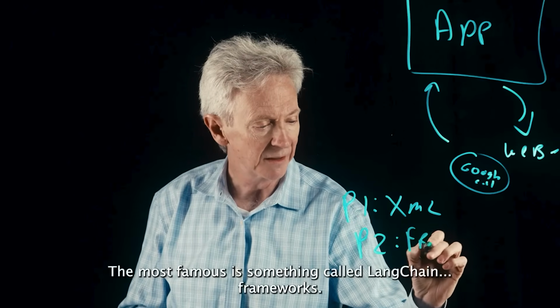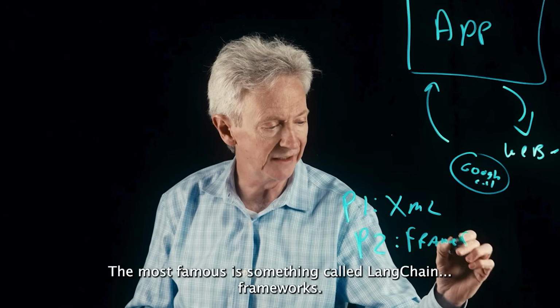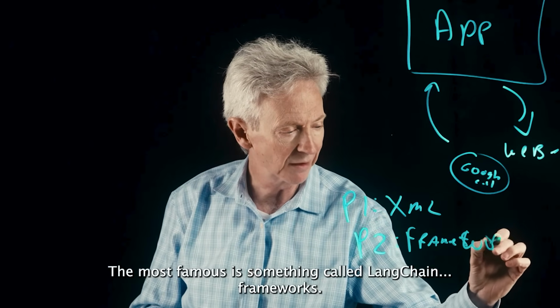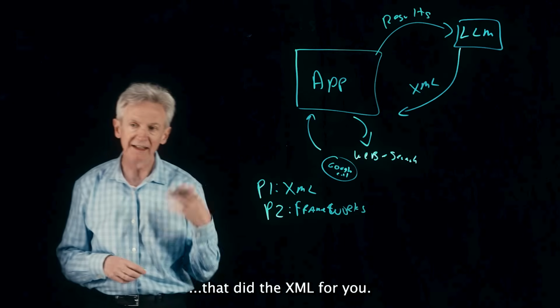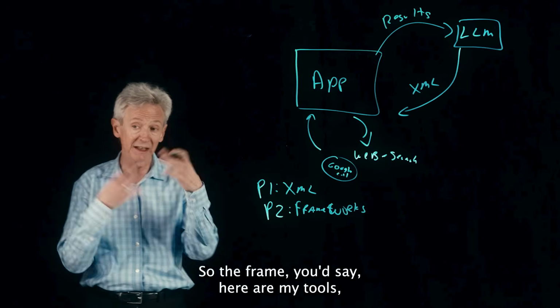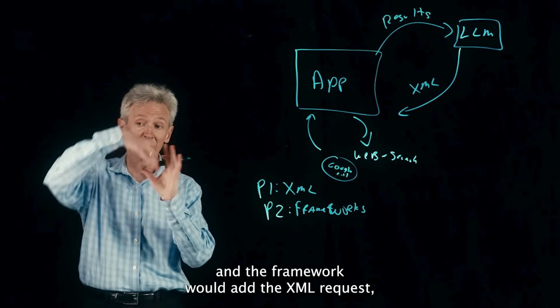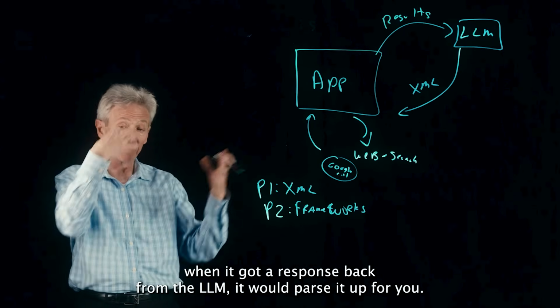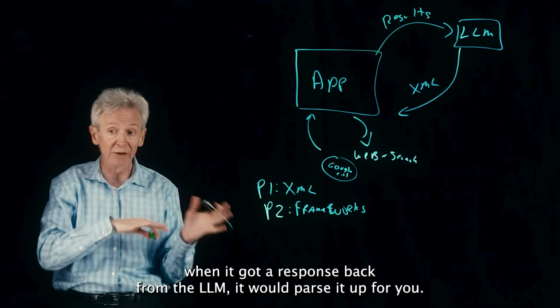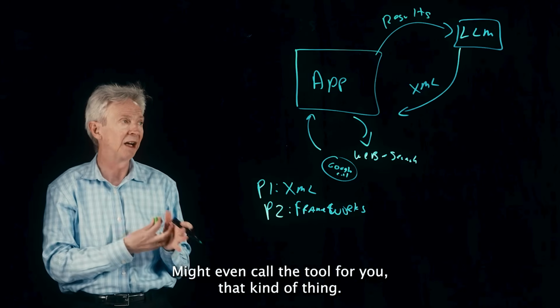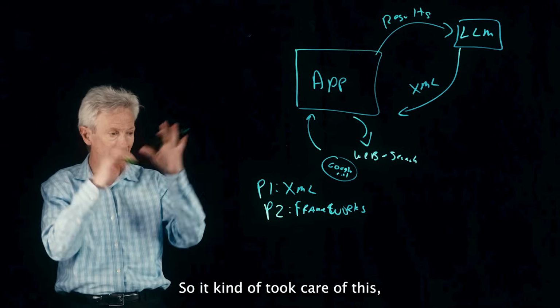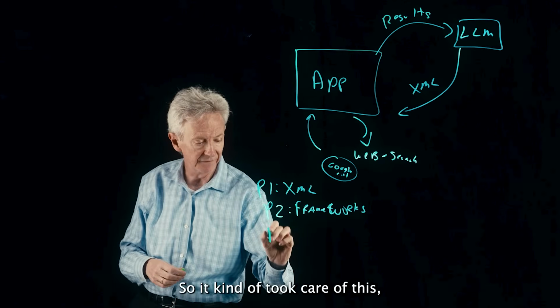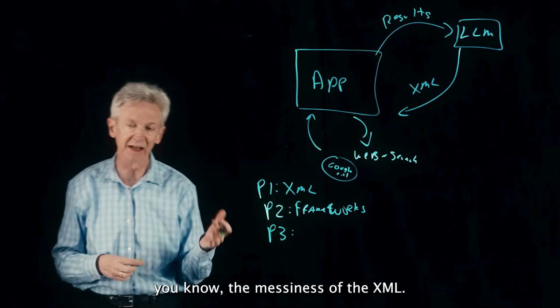The most famous is something called LangChain. Frameworks that did the XML for you. So the framework, you'd say, here are my tools, and the framework would add the XML request. When it got a response back from the LLM, it would parse it up for you, might even call the tool for you, that kind of thing. So it kind of took care of the messiness of the XML.